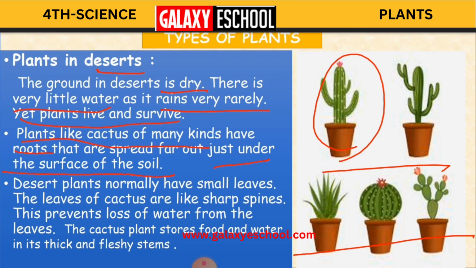Desert plants normally have small leaves, and the leaves of cactus are like sharp spines. How are the leaves of cactus, children? They are like sharp spines, in the sense sharp thorns. If you just touch it, you feel like it is going to prick your finger.